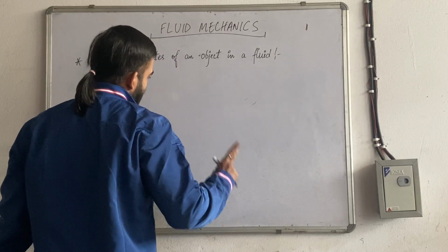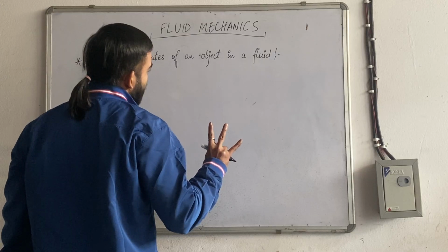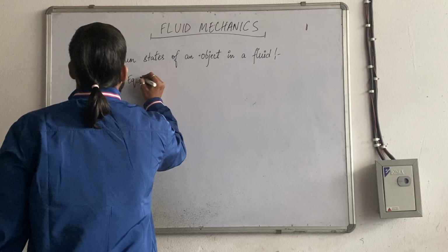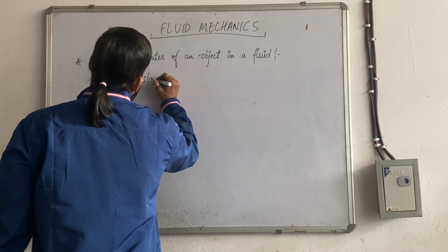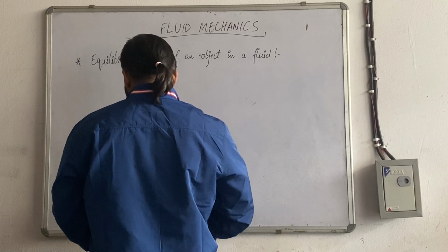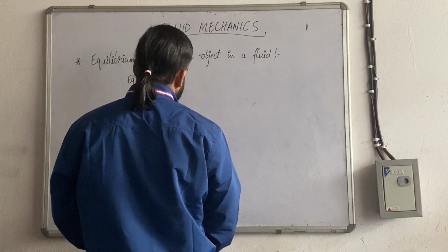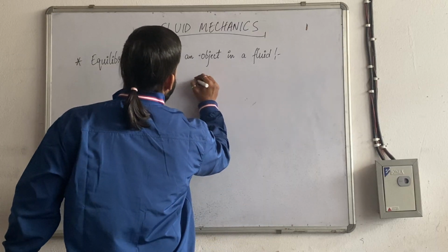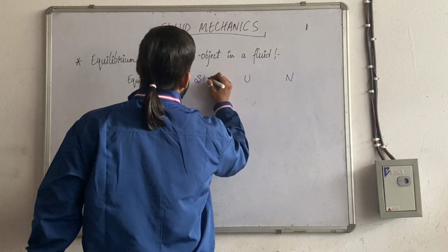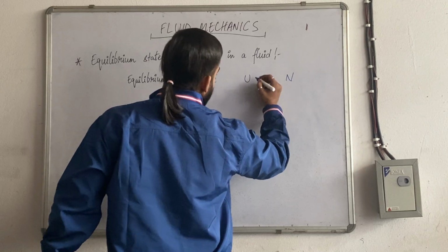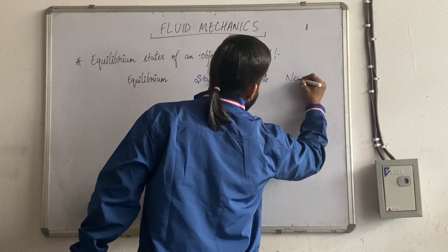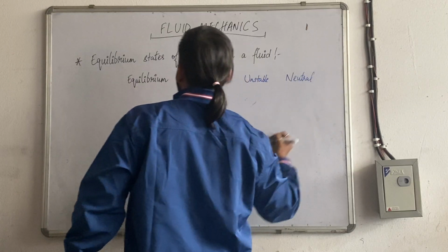There are two conditions and three equilibriums which can be written as equilibrium states that are stable, unstable and neutral. S stands for stable, U stands for unstable and N stands for neutral.